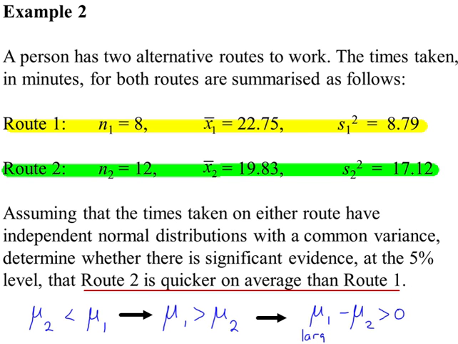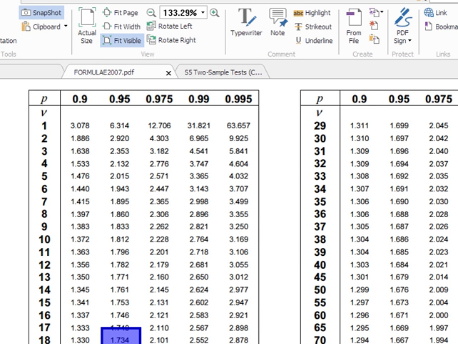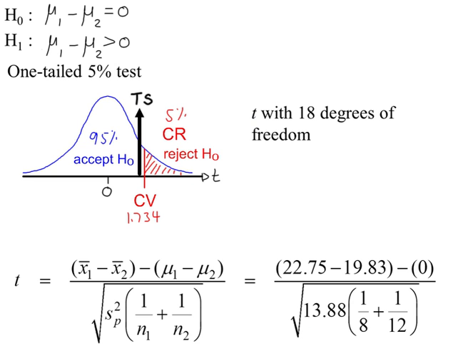And this is the large value minus the small value to give a positive difference. So from the tables, looking up 95% with 18 degrees of freedom, 1.734 is our critical value.